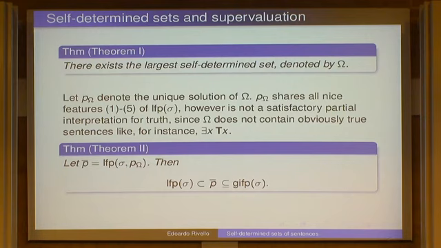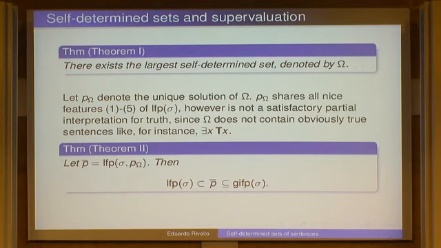However, P omega is a solution, so it is sigma sound for the monotone operator sigma, and then we can also take the least fixed point of a supervaluation above P omega. We denote it by P bar. And second theorem, we can prove that P bar properly extends the least fixed point of sigma, and is included in the greatest intrinsic fixed point of sigma.